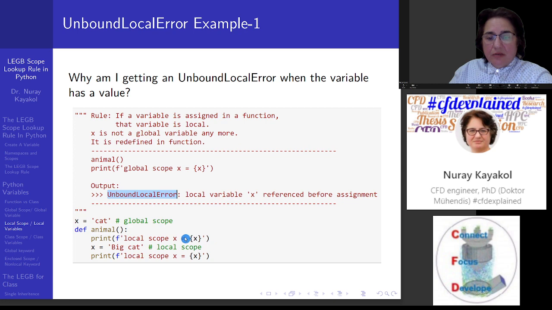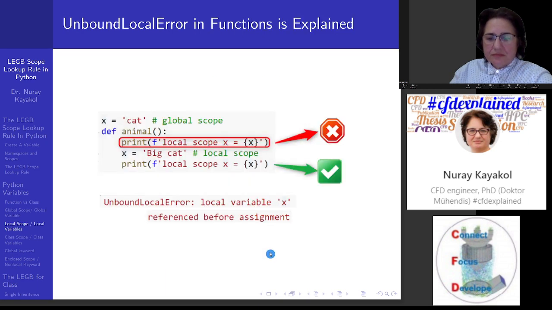So you cannot use a print statement before the assignment of this local variable x. If you remove this line, you will get rid of the error messages. Okay, let me explain once more.